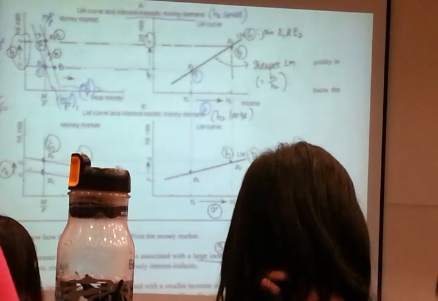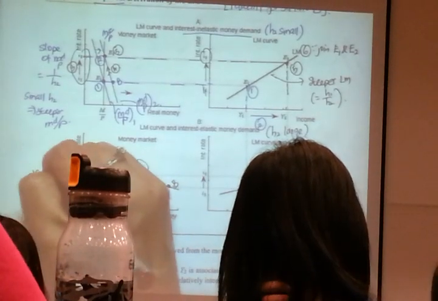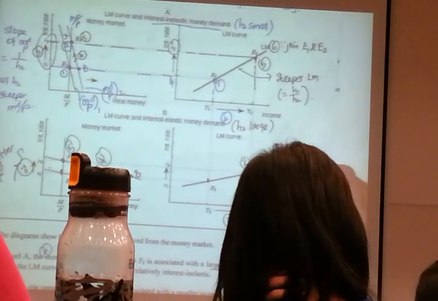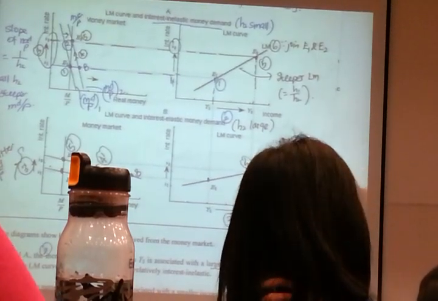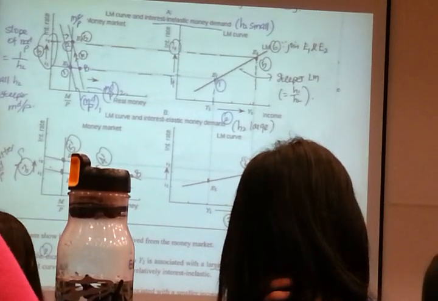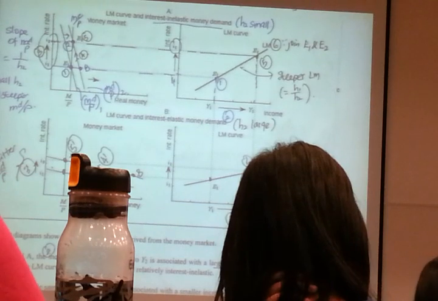Okay, and again here you could see if you have a flatter money demand, you will also get a flatter LM. Okay, so that is graphical because it gives you the visual impact.